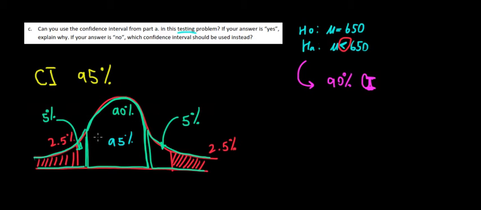Now, if we had a value, let's say we had a value over here, let me draw it. So from here we have the 2.5%. This is the 2.5% tail, and our t value would be in between this range.